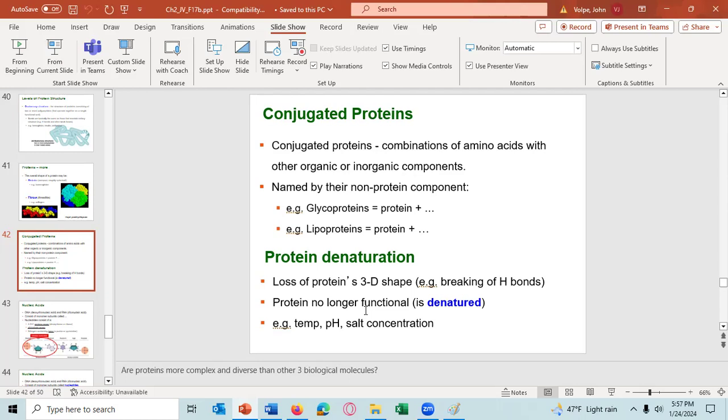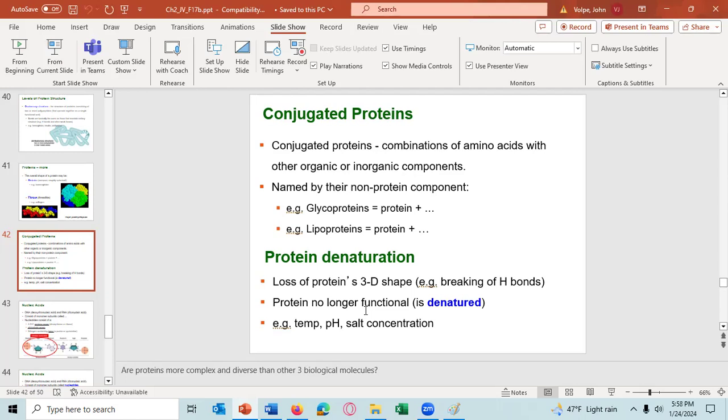You can get a protein to denature with temperature, pH, or salt. So if the protein is at the wrong temperature, or at the wrong pH, or the wrong salt concentration, the protein will denature. An example of that is egg whites. When you open the egg, you have liquid egg whites, which are translucent or transparent.